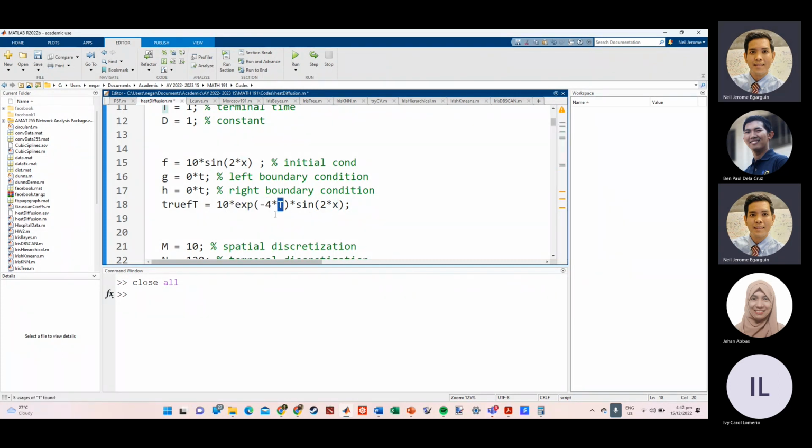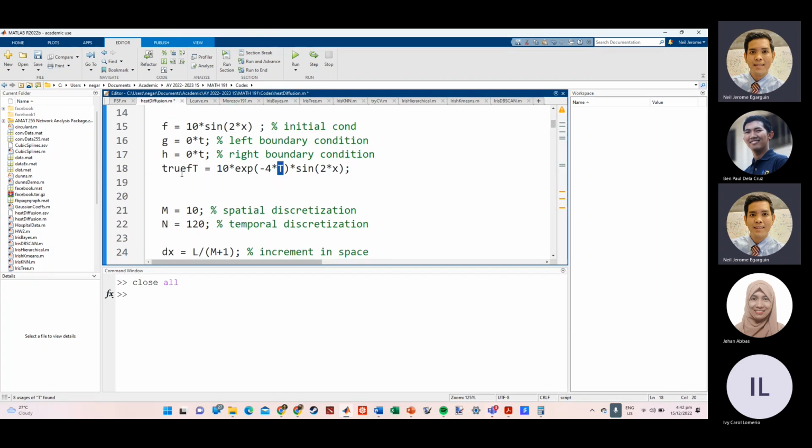So ito ay little t dun sa solution natin. Pero we're plugging in capital T. So ito yung true temperature, ito yung exact temperature at time little t equals capital T.